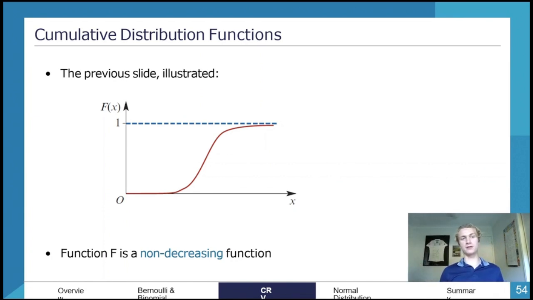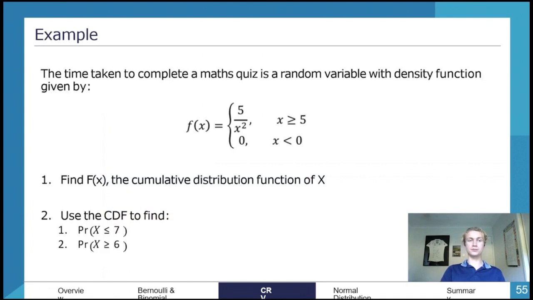It's limited between the bounds of 0 and 1 because its maximum probability can only be 1. And because it's cumulative, we're taking into account the integral, so it is going to get up to 1, as opposed to a probability density function, which only gets up to whatever the highest point is, like the mean. So yeah, function F is a non-decreasing function. Okay, great. Now let's go through an example.